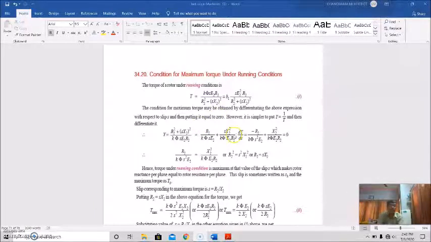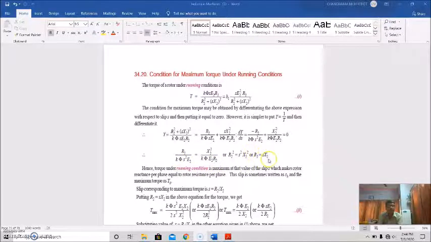However, it is simpler to put y equal to 1 by T and then differentiate it. So this will be like this. Now differentiate it with respect to slip and put it equal to 0.